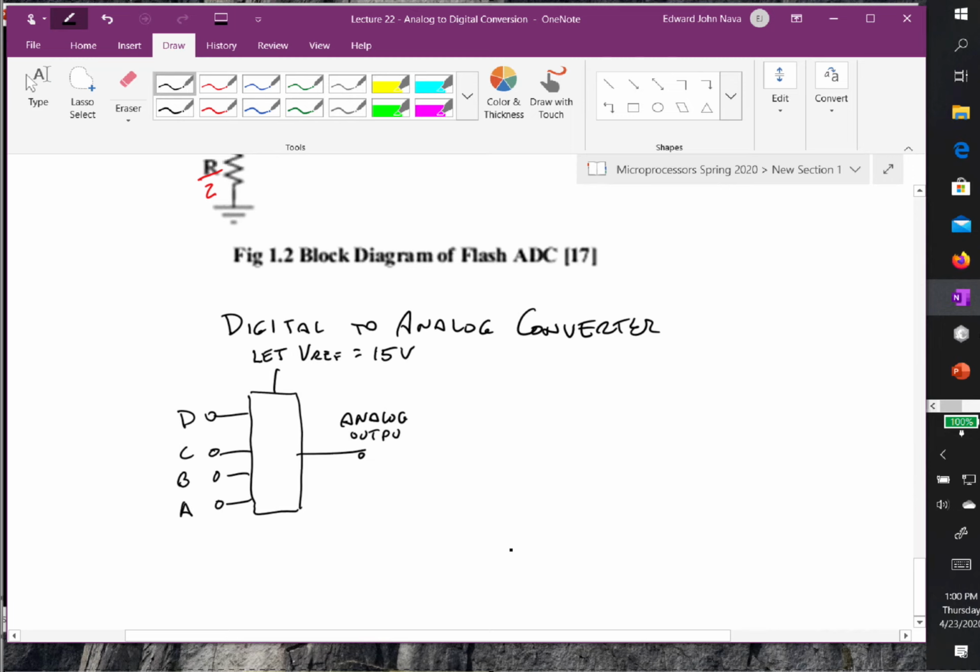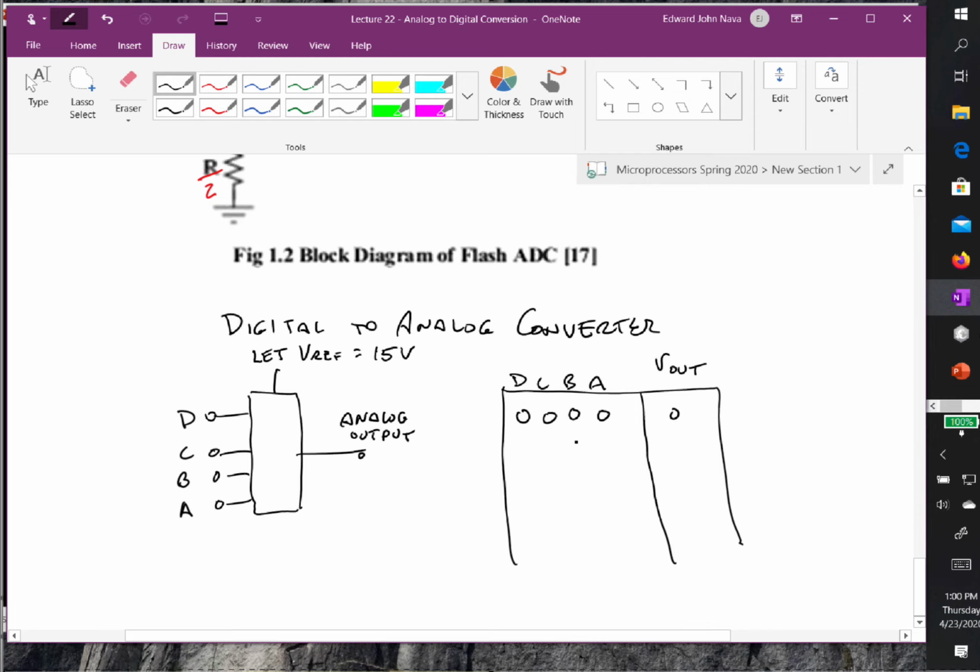And so I could go through my truth table as follows. So here's my D, C, B, A. And if those are all 0, here's my V out. This would be 0. And if this is 0, 0, 1, this would be 1 volt.